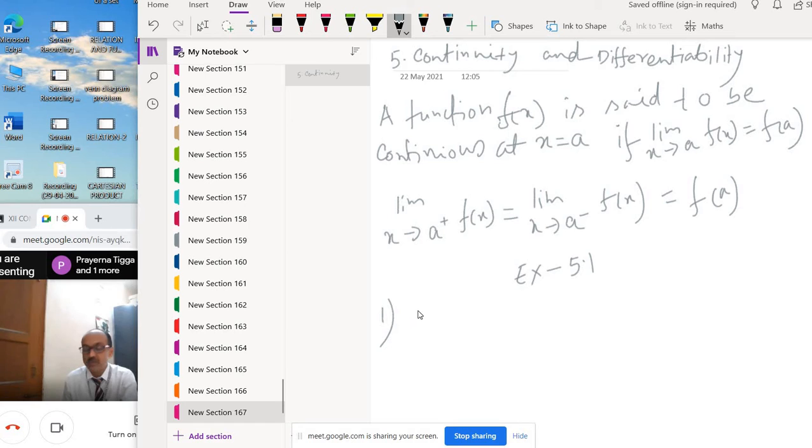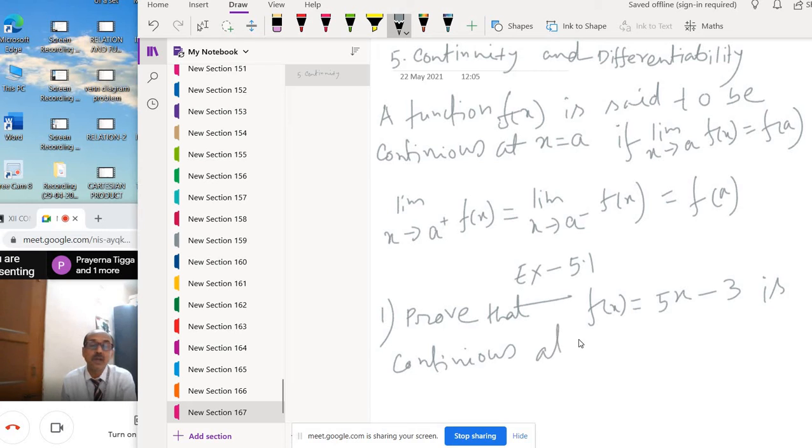So, prove that the function f(x) equal to 5x minus 3 is continuous at x equal to 0, at x equal to -3, and another point also, at x equal to 5.